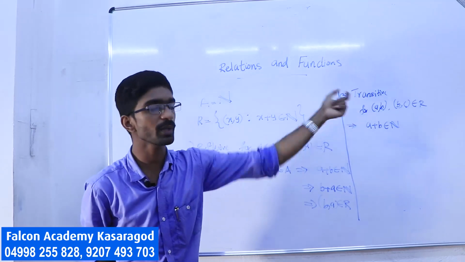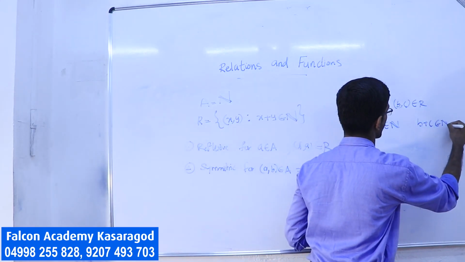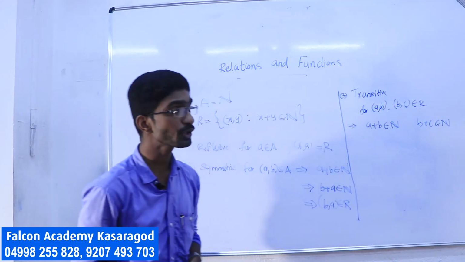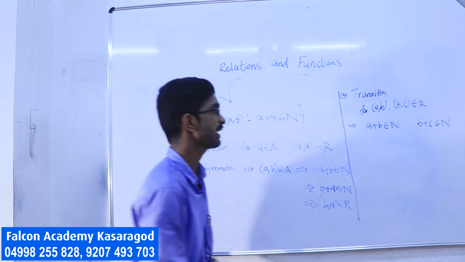Also BC belongs to R means B plus C is a natural number. Then what we have to show? AC belongs to the relation R. So maybe check.